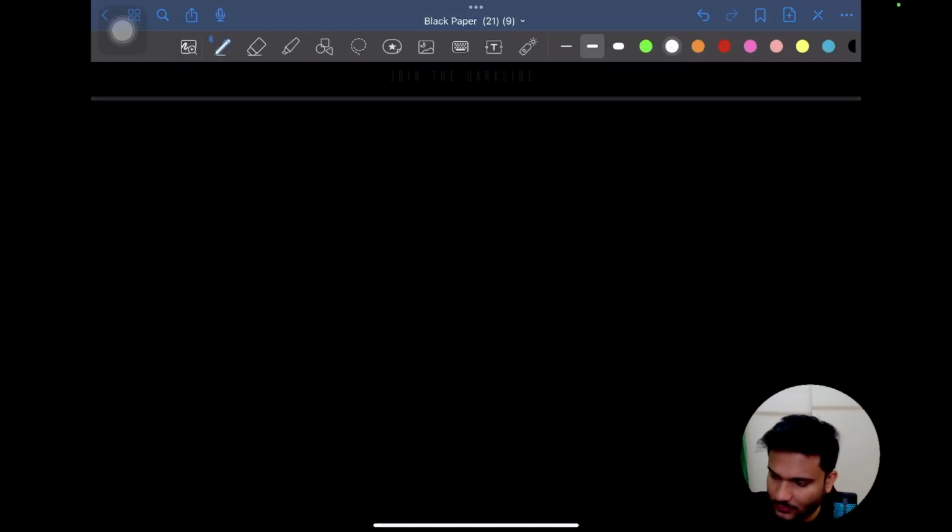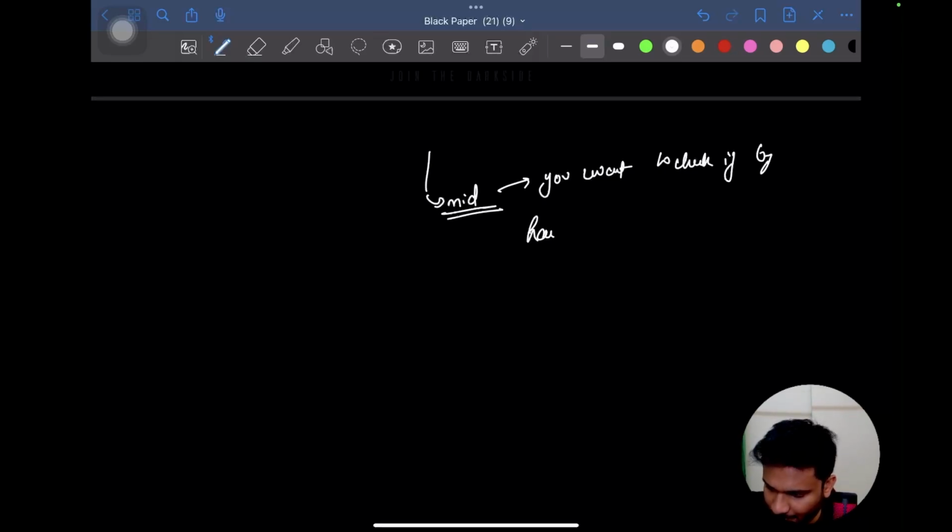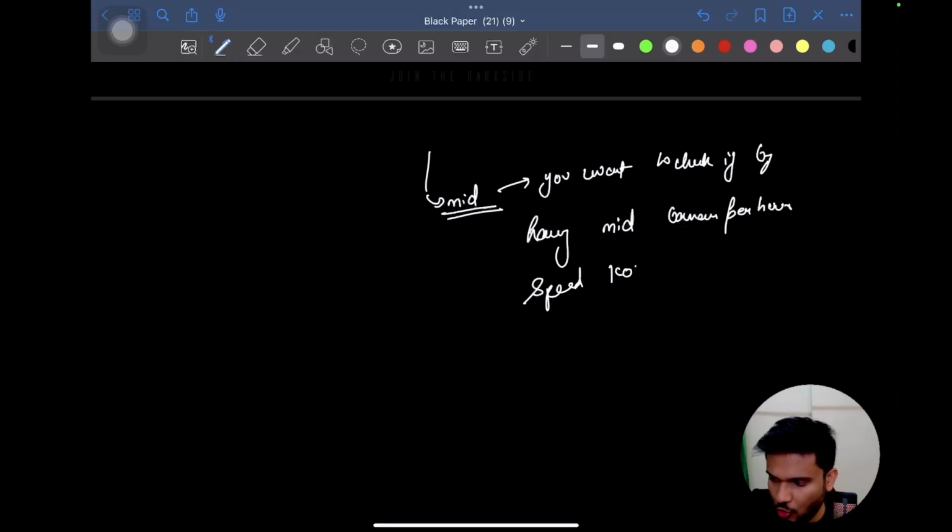Why? Just think about it. Let's say you have a value mid and you want to check if by having mid banana per hour speed, Coco can eat all bananas or not.